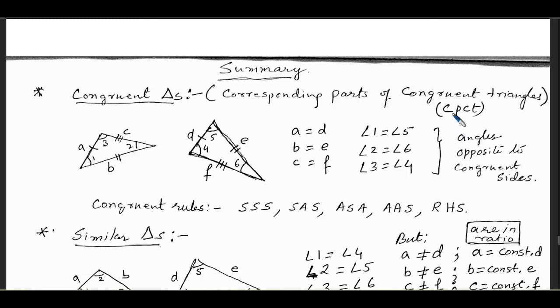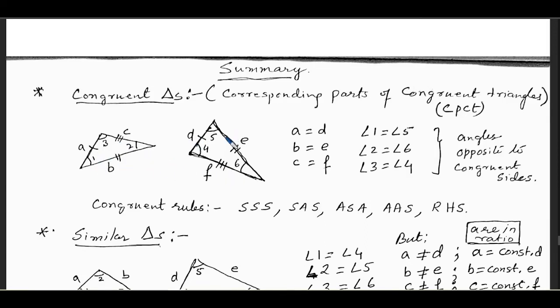What does CPCT say? That these corresponding parts have to be the same. Say this is one part, this is another part of the other triangle. If this part and this part, and this one more, are the same, and this C is also the same as F, and the angles are also equal.